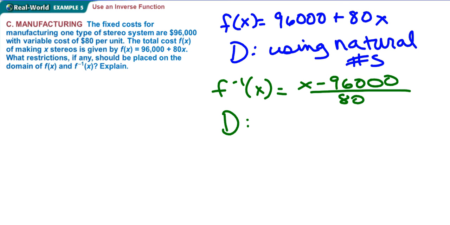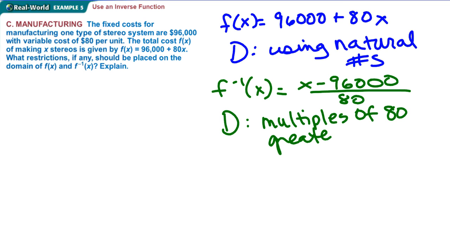Why multiples of 80? Because I wanted to divide out, right? That are bigger than 96,000. Because if I put in 96,000, what's 96,000 minus 96,000? Divided is 0. So I think I have to have multiples of 80 greater than 96,000.